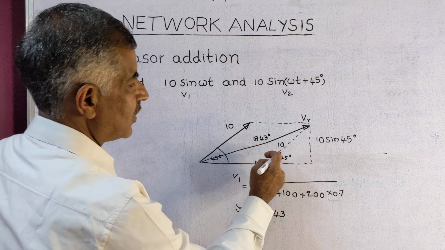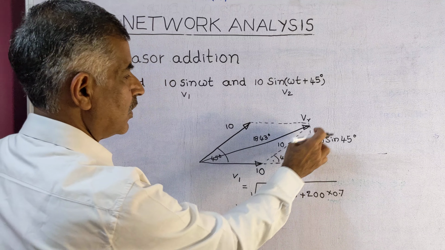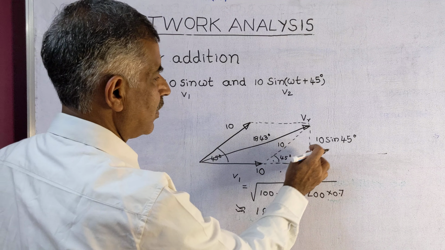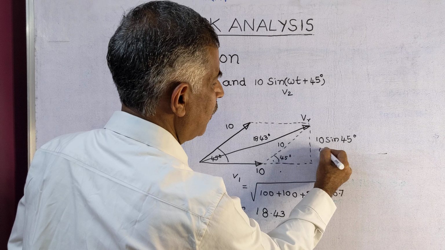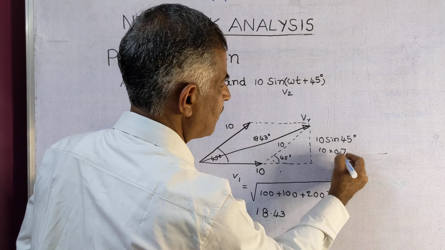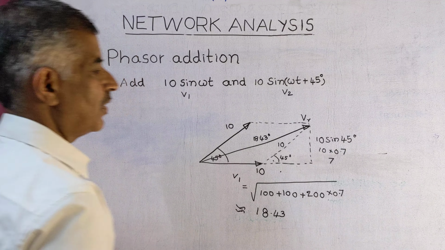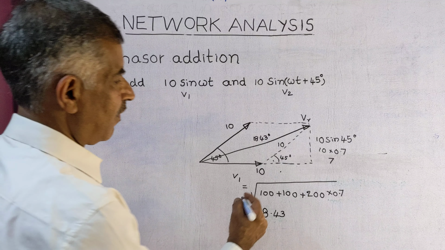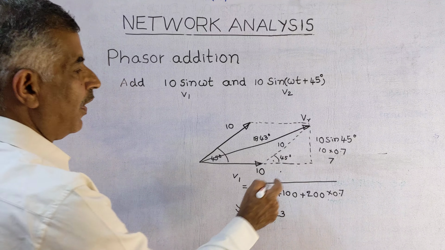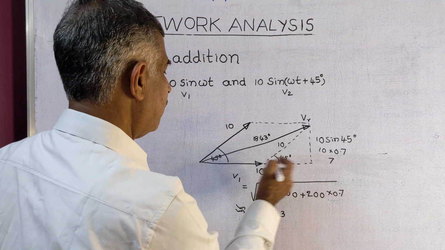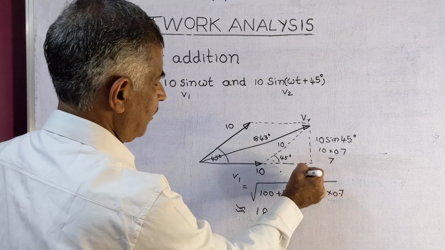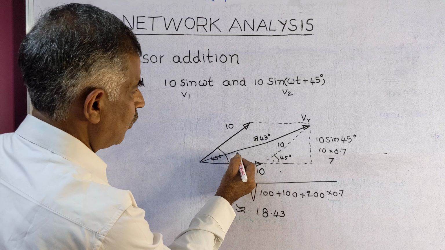Now this length is 10 sine 45, that is 10 into 0.7, that is 7.